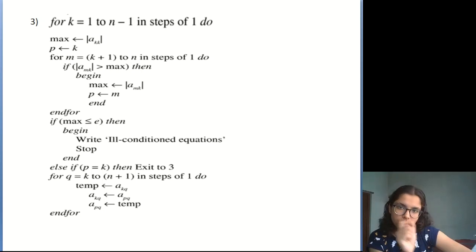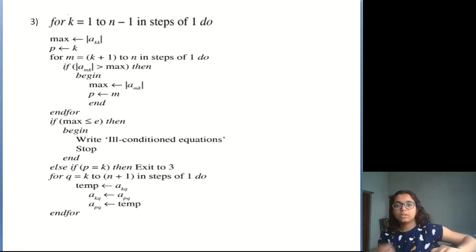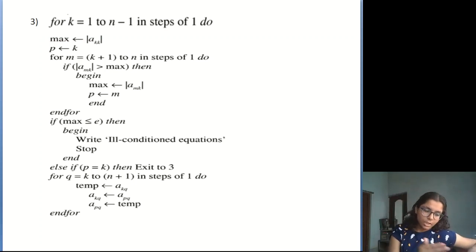After doing that, we will take the largest element to the pivot position. During complete pivoting, what we have learned is that we take the largest element to the first position, that was the 1,1 position.